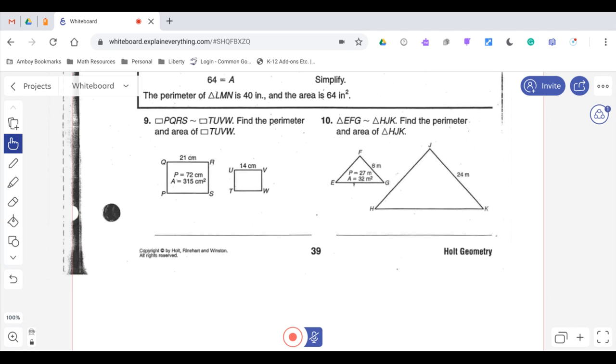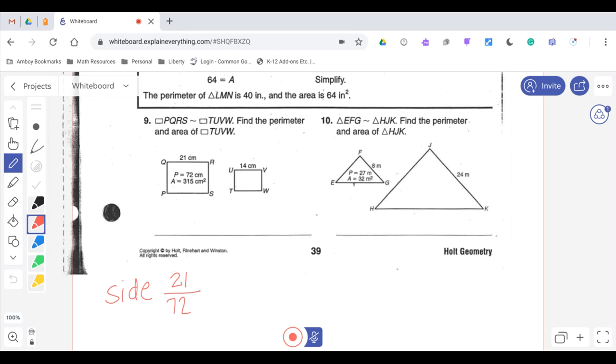So let's see here. The ratios we have, we got to start with the sides. My bigger shape has a side of 21 and a perimeter, it says, of 72. Okay. That should be proportional to having that side of 14, and I don't know what my perimeter is yet of that smaller shape.